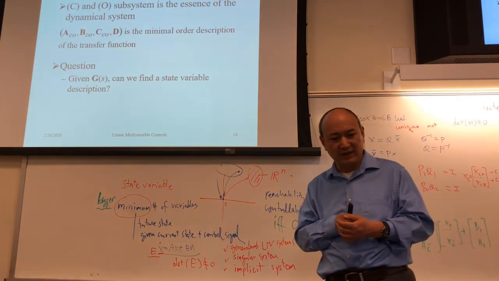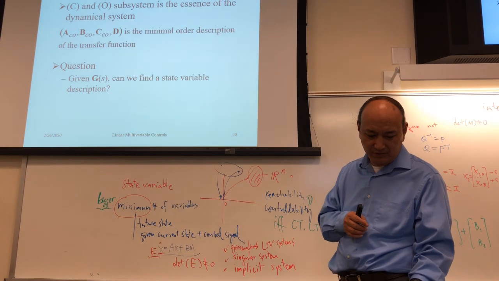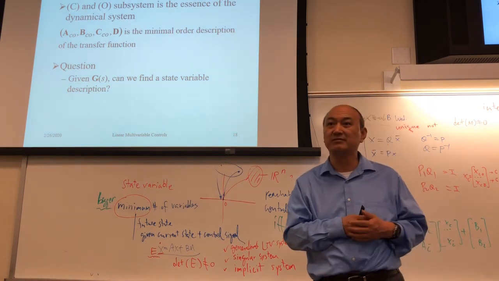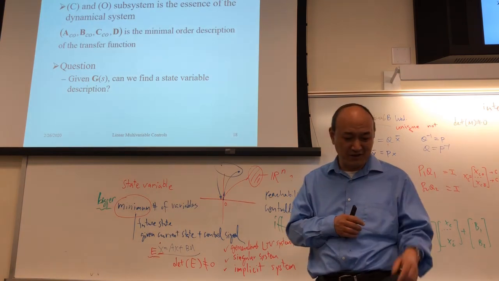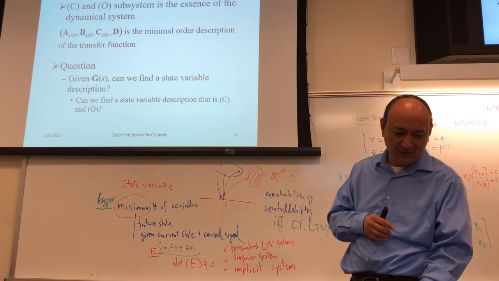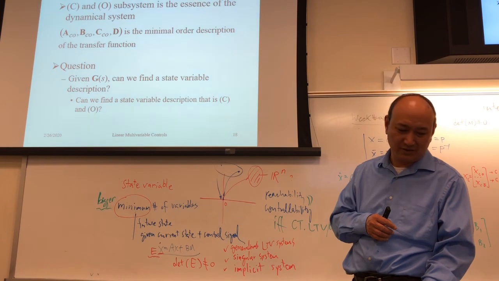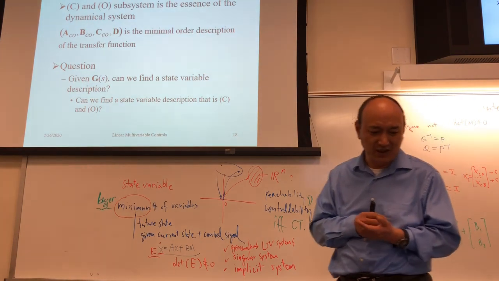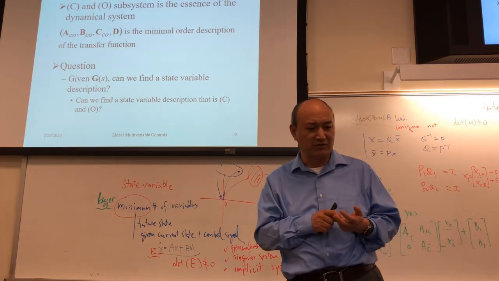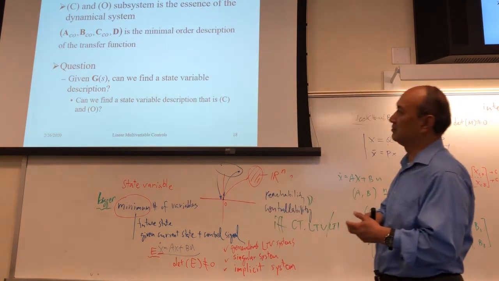How can we find a state variable description? There are so many different types of description. There are infinitely many, but some of them are very useful and convenient, like controllable canonical form, observable canonical form, and so on and so forth.